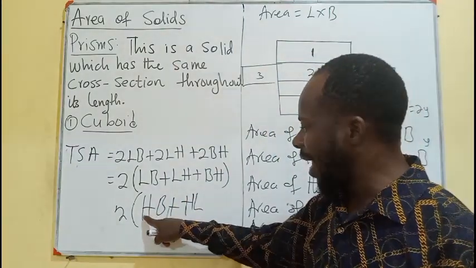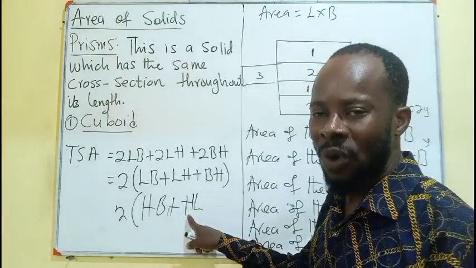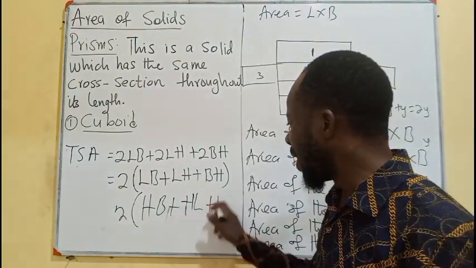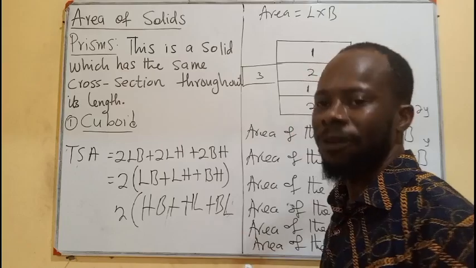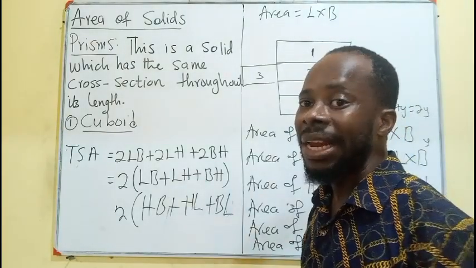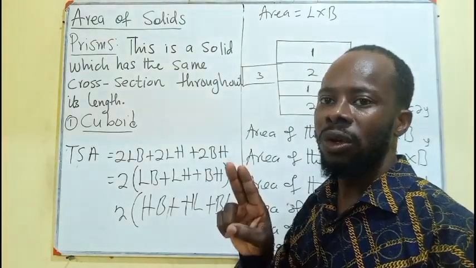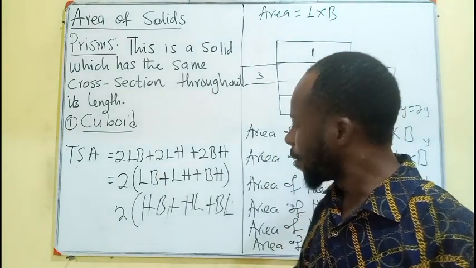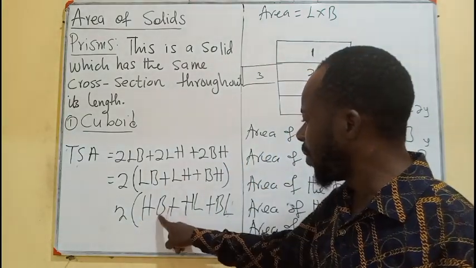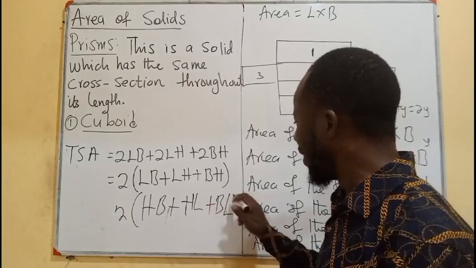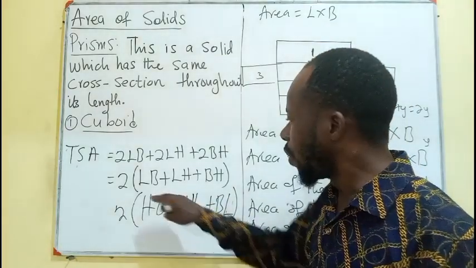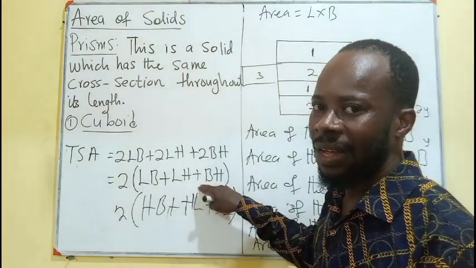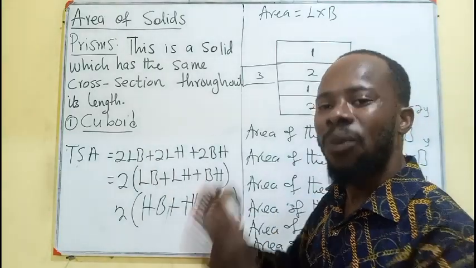So since I used the H and the H already, what is left is the breadth and the L. Just combining them, making sure 2 is being used at a time. So H, H, B, B, L, L. Then this is the formula. There is no specific laid down criteria on which one comes first and which one comes second.